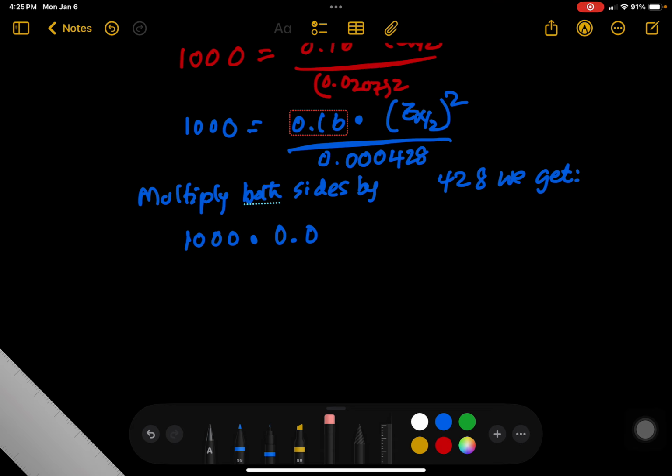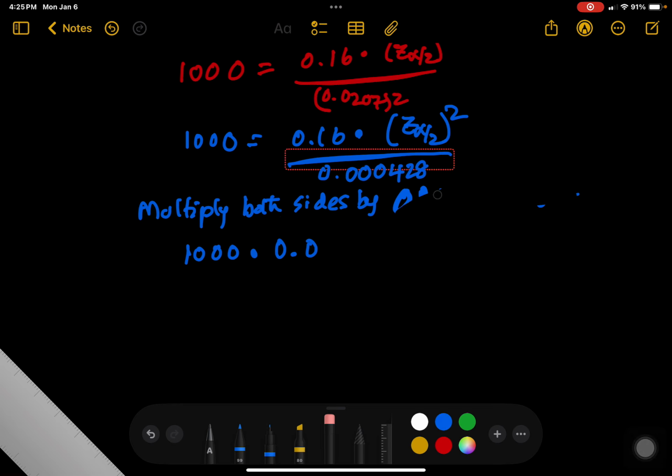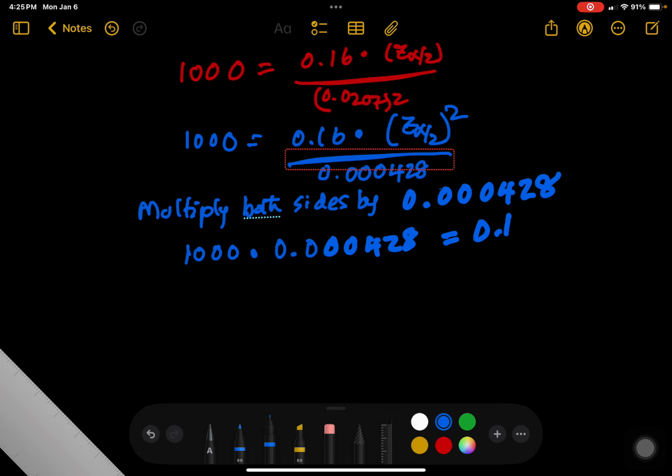So we get 1,000 times 0.000428 equal to 0.16 times Z alpha by 2 squared.